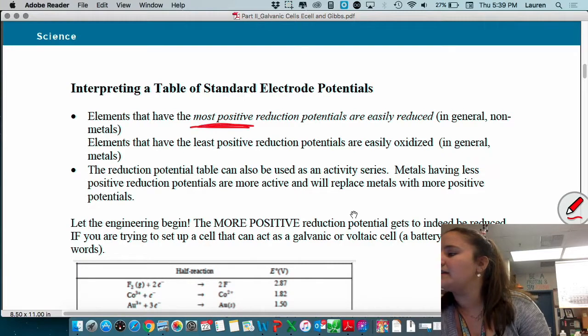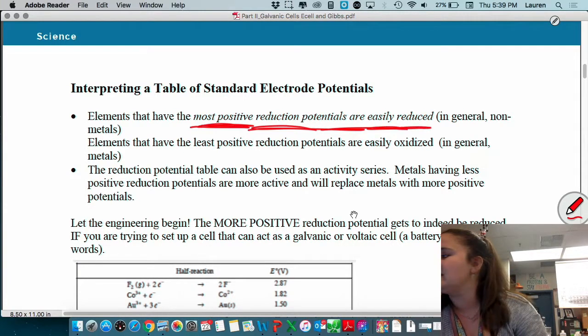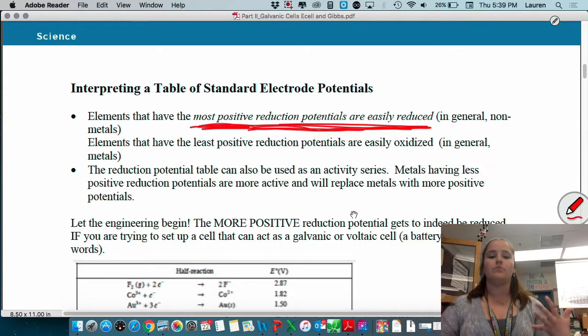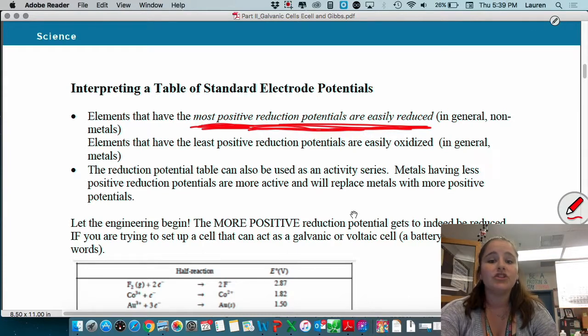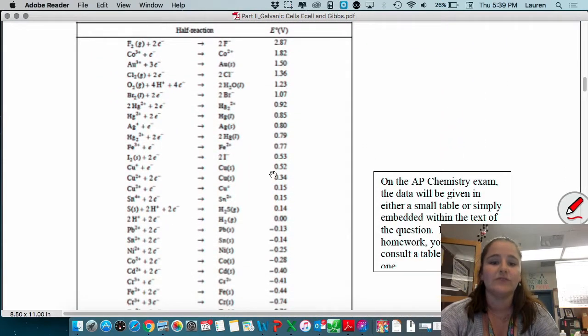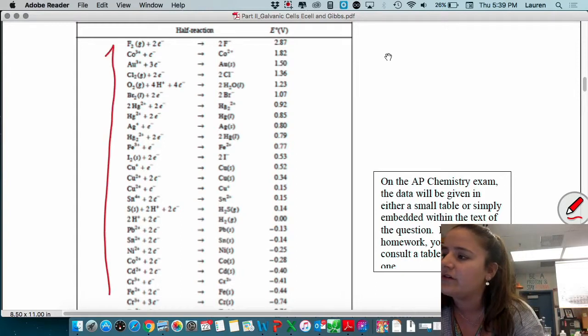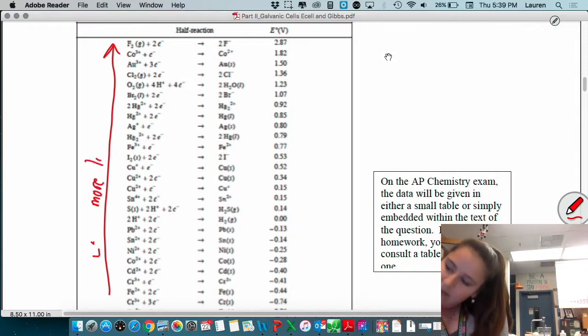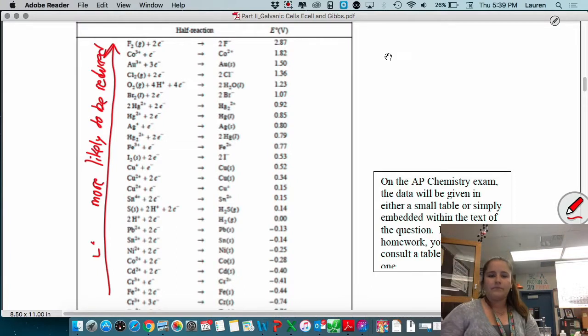The most positive reduction potentials are easily reduced, okay? On the chart, you can kind of see it as whichever one is higher up here, more positive means more likely to be reduced, okay?